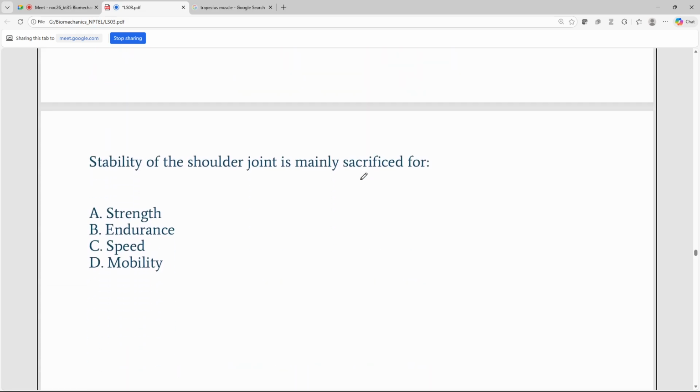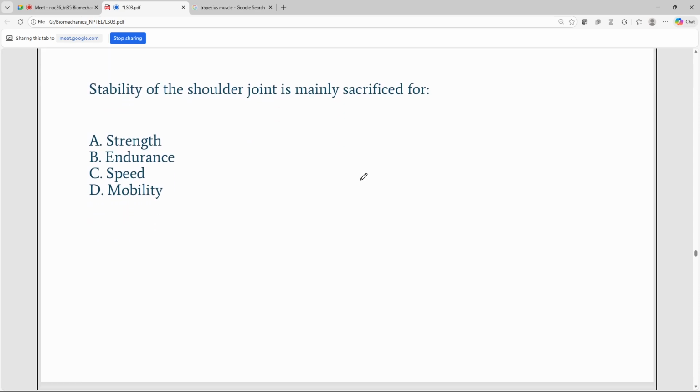So next question, that's the last question of today's session. The stability of the shoulder joint is mainly sacrificed for which of the following? Options are strength, endurance, speed, and mobility.